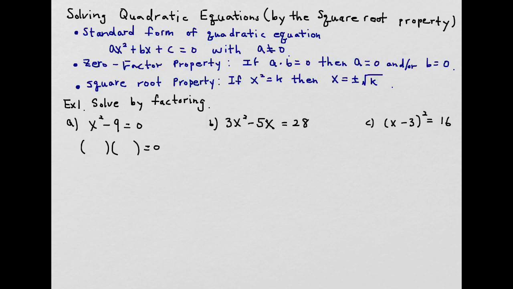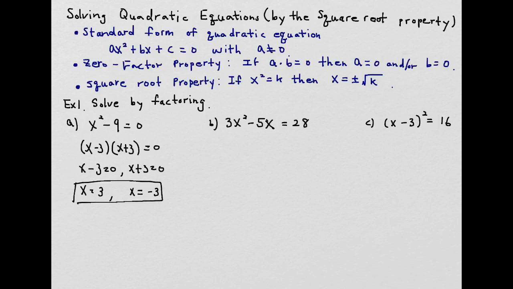This one is a difference of squares, and it gives you x minus 3 and x plus 3. Once it's in factored form equal to 0, let both factors equal 0. That gives you x equals positive 3 and x equals negative 3, for two solutions.